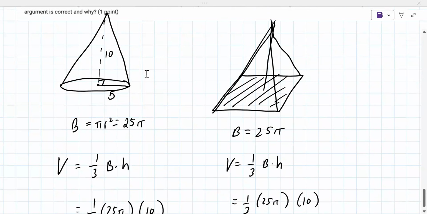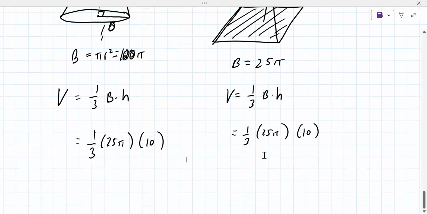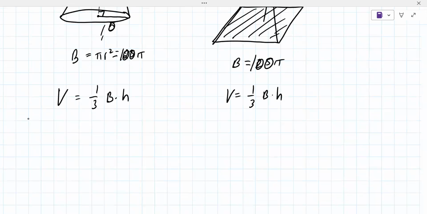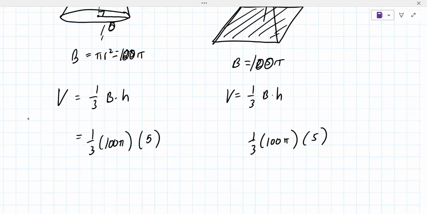The radius is 10 and the height is 5. That's why this isn't working. So I apologize. The base is 100 pi, since it's pi times 10 squared. So it's 1/3 times 100 pi times 5.